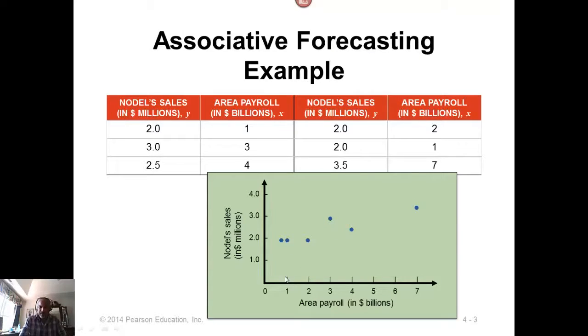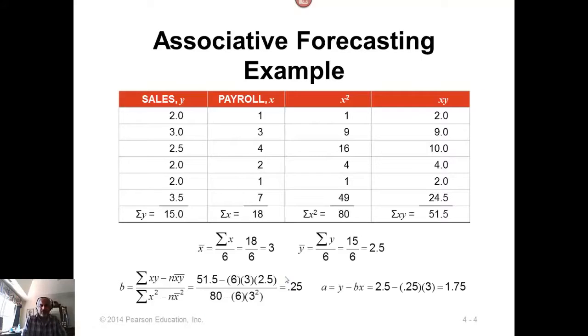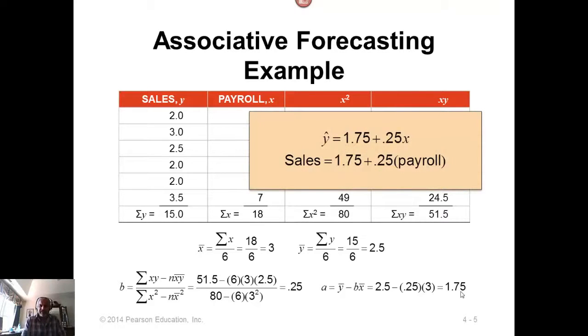That's the least squares estimate. You use the same formula like before and find the slope and y-intercept, and that is your formula. Then you plug in the payroll and you get an estimate for sales. Payroll should go in billions of dollars, and the sales estimate will be in millions of dollars.